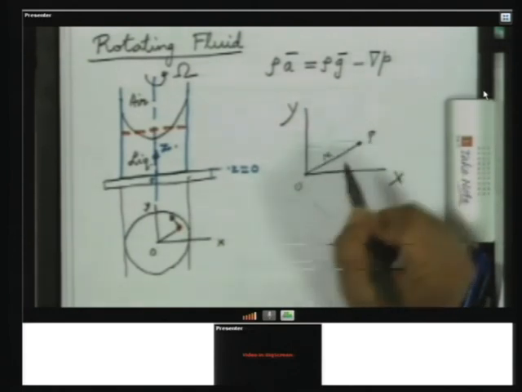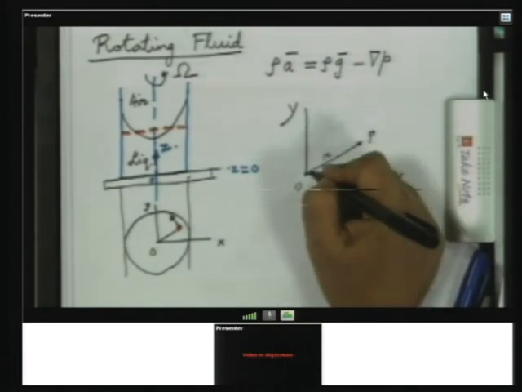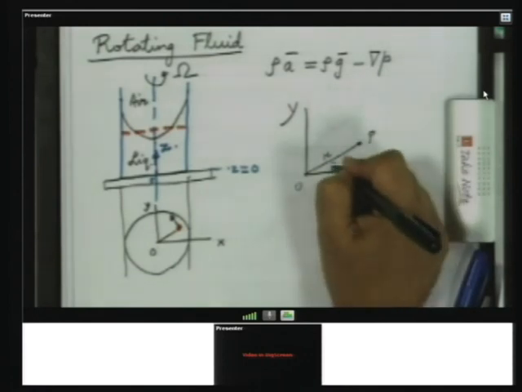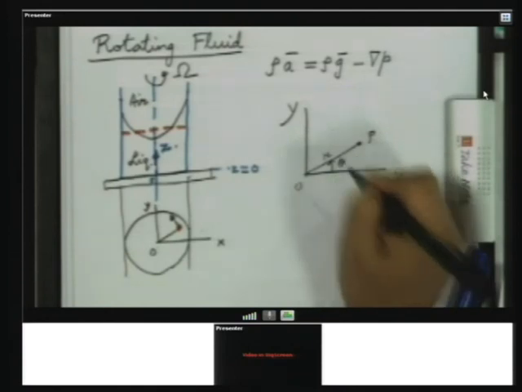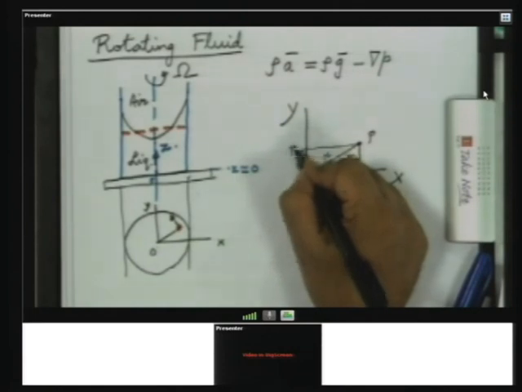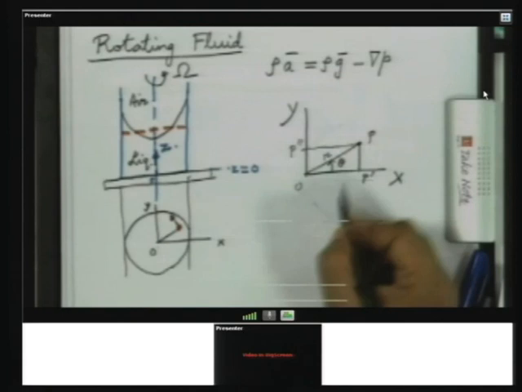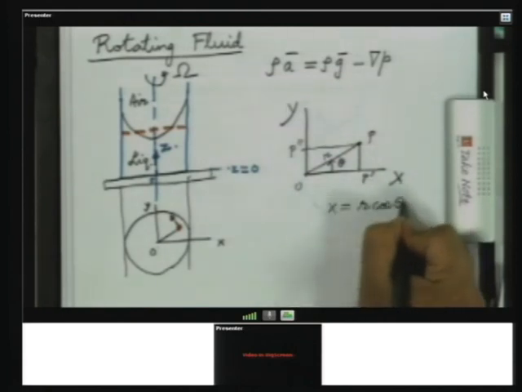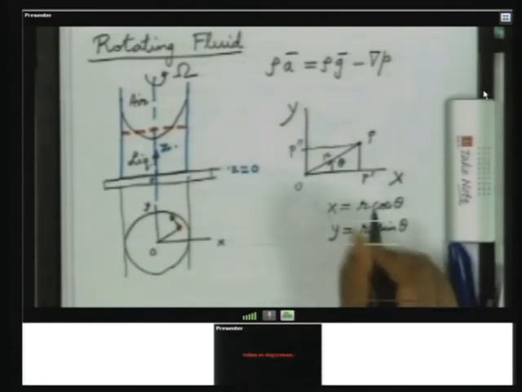This distance is the radial coordinate r, and the angle which this vector OP makes with the x axis is what is called theta. And if I drop a perpendicular here, you know that if I call this P prime, OP prime is your x, and if I drop a perpendicular here, call it P double prime, then OP double prime is y. So, x is r cos theta and y is r sin theta, and z is the same as what you have in Cartesian coordinates.